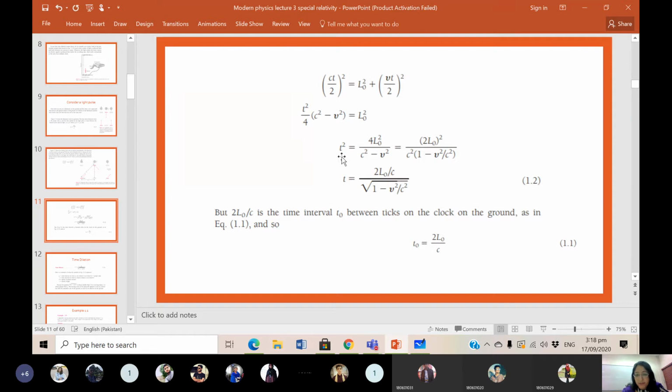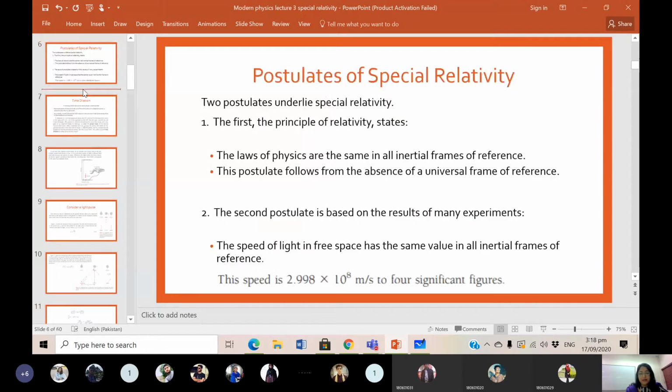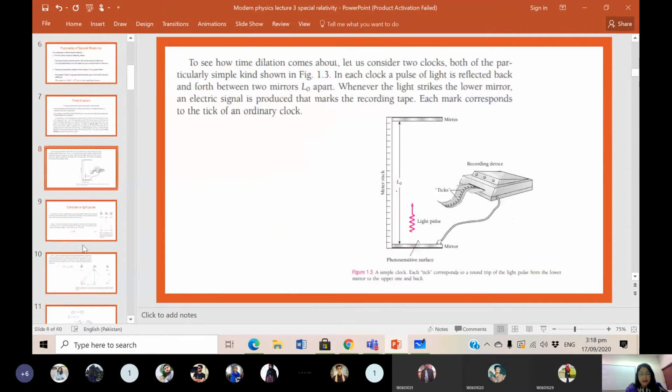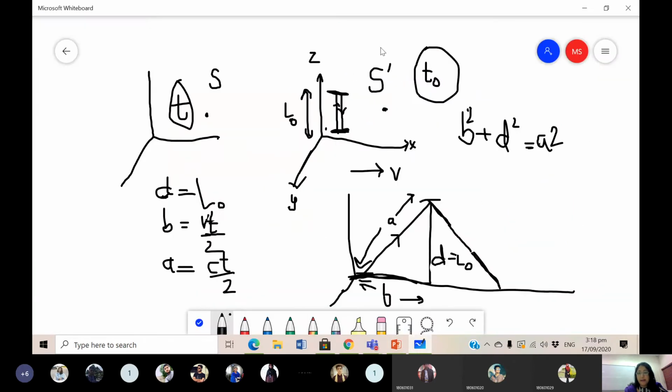Okay, so basically we derive this formula now, okay? Making t the subject of the equation, we have this. And from the previous equation, what we said earlier, do you remember this equation? This is for this t0, the time for this event as seen by an observer in the same frame.